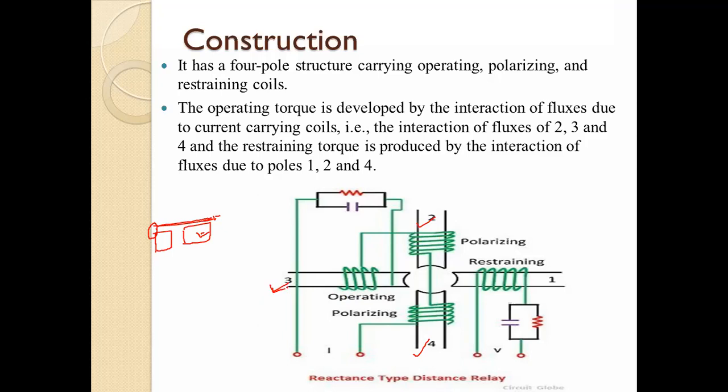It is called the operating torque because it is produced by the operating coil. Means by using these polarizing coils and operating coils, we can produce the operating torque. And by using the restraining coil, we can produce the restraining torque, that is the restraining coil, two and four.